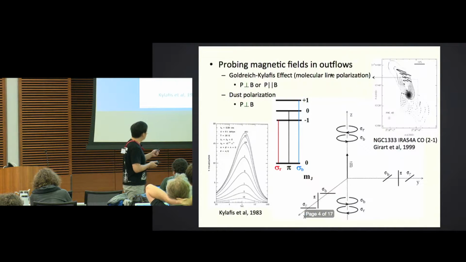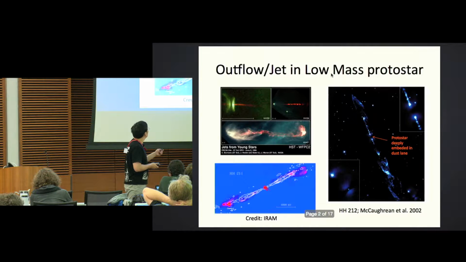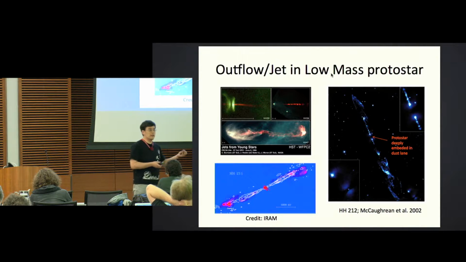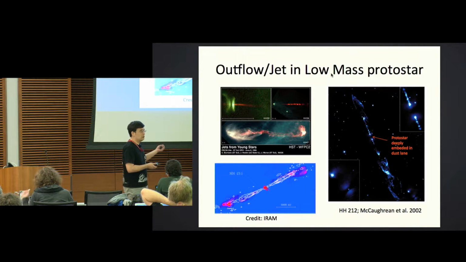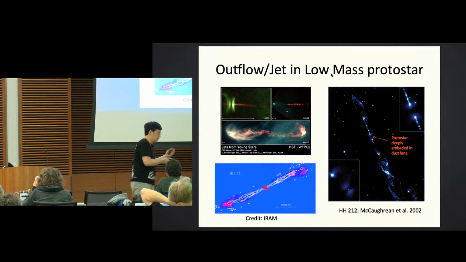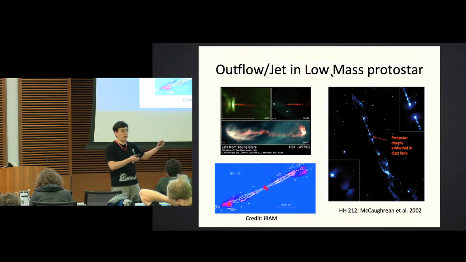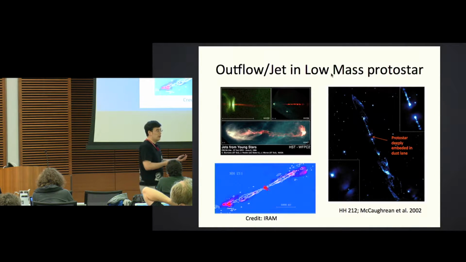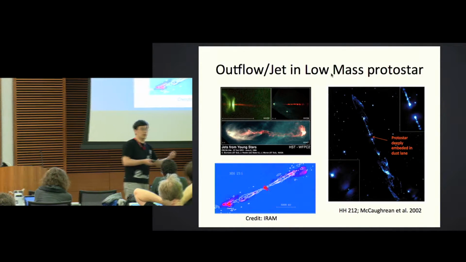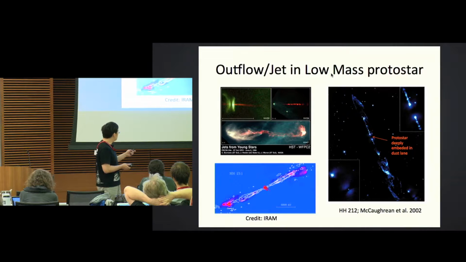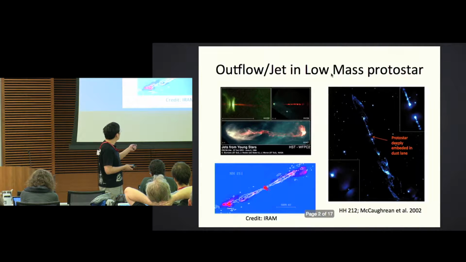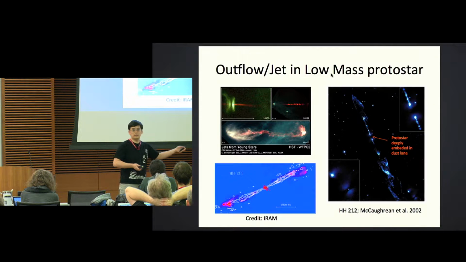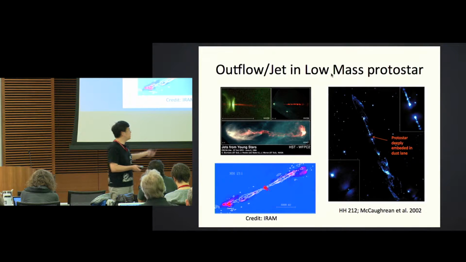Even in the very early stage of star formation, at Class 0, the protostar is hidden behind the opaque dust envelope, and you cannot find the disk because it is probably too small for current resolution. But you can still see the very prominent and elongated outflow, with thousands, even 10,000 AU scale.